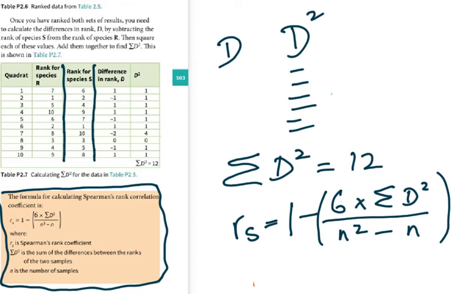Now this formula is given to you. What is Rs? Rs is the Spearman's rank coefficient. Sigma d square is the sum of the differences between the ranks of the two samples. N is the number of the samples.